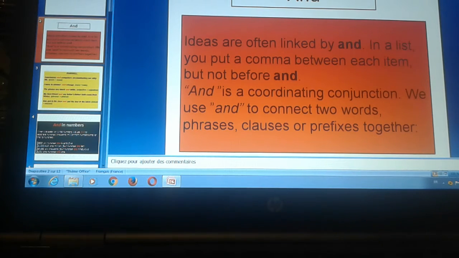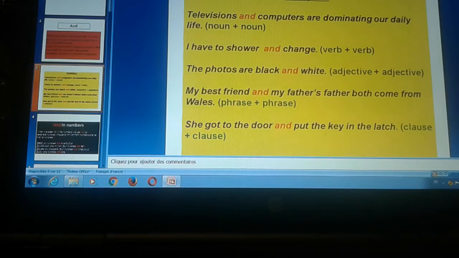Okay, I'm going to give you examples to make this more clear. Let's take the first example. Televisions and computers are dominating our daily life. So here, noun plus noun, it means that and links two nouns, television and computer.